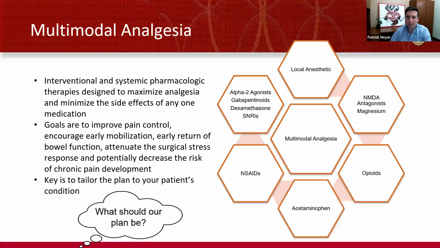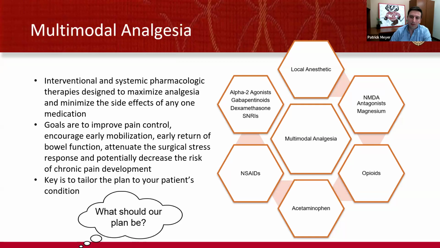Most commonly dexmedetomidine, clonidine, gabapentinoids, pregabalin, gabapentin. Dexamethasone has an analgesic effect, especially at higher doses, not quite as much at the PONV doses, but certainly something to consider. SNRIs, duloxetine has maybe a small role as well.